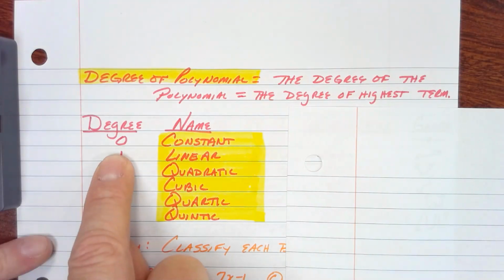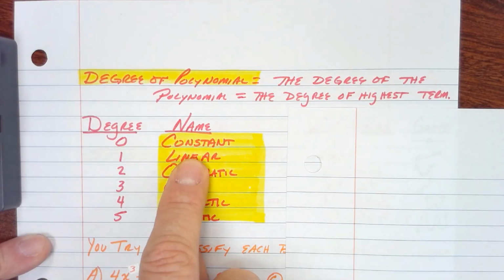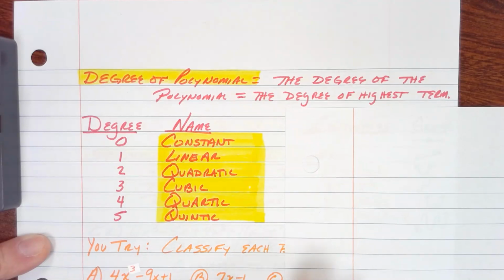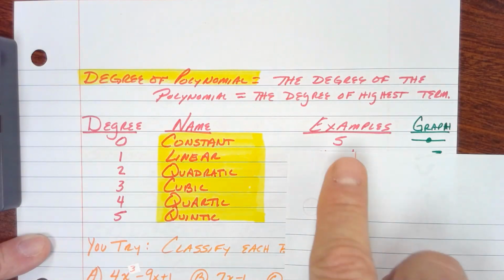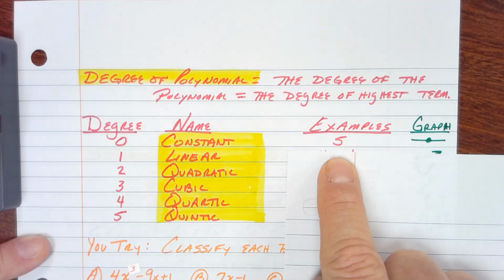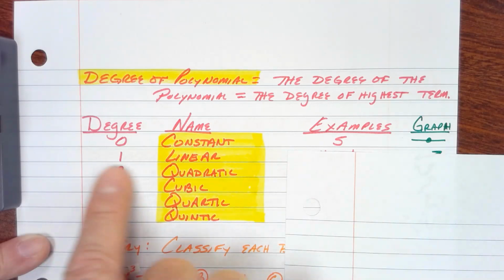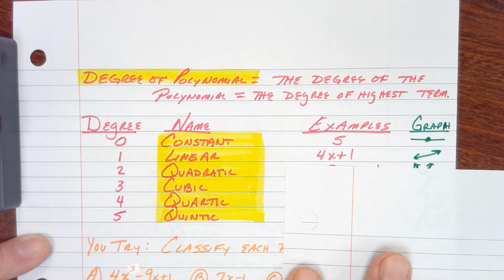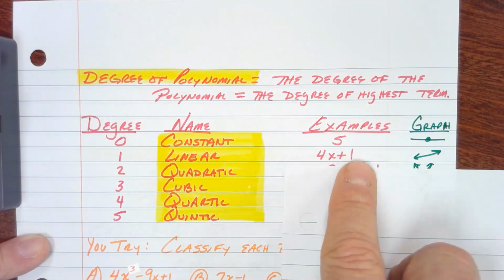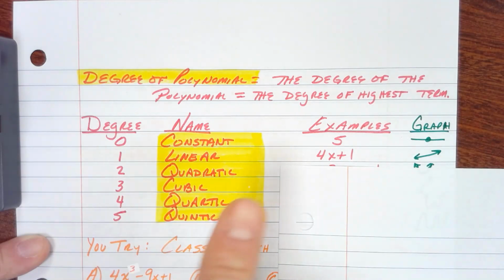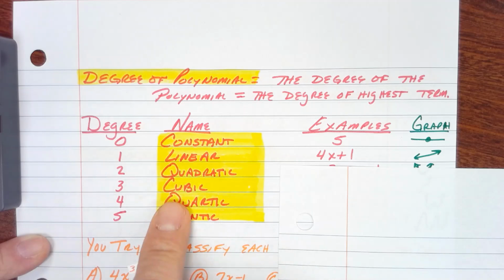If it is 0 degree, it's constant. And a constant we talked about before is like a number 5. Linear, if it's the first degree, that means its highest exponent is 1. Between the two terms here, the highest degree is 1, so that's the degree of the polynomial.